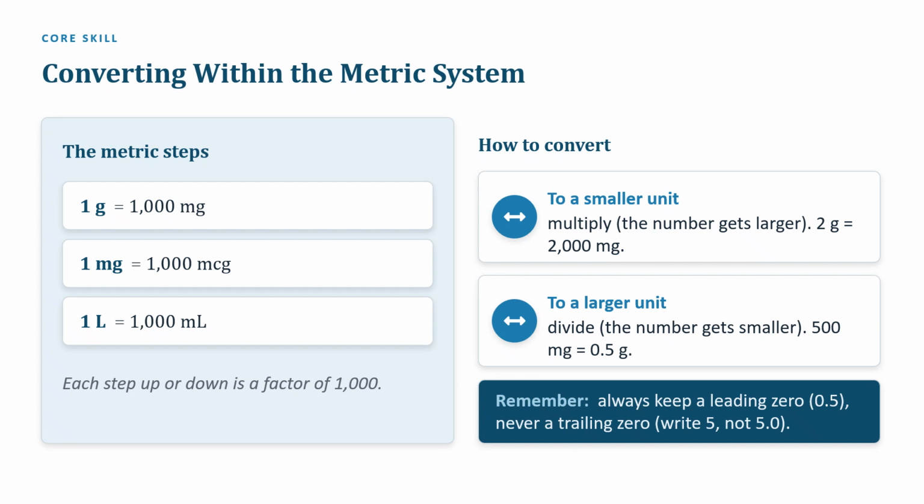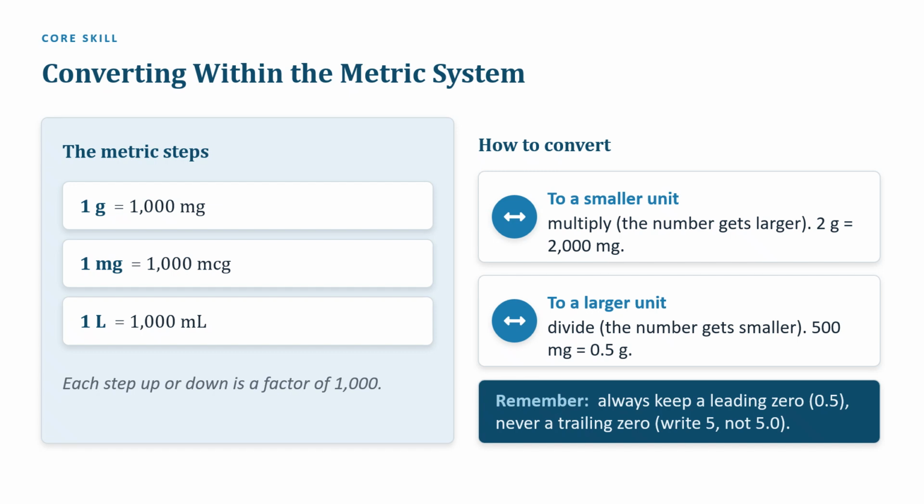Now, how do you actually convert? Look at the two rules on the right. When you convert to a smaller unit, you multiply, and the number gets larger. For example, 2 grams becomes 2,000 milligrams because milligrams are smaller, so it takes more of them. When you convert to a larger unit, you divide, and the numbers get smaller.